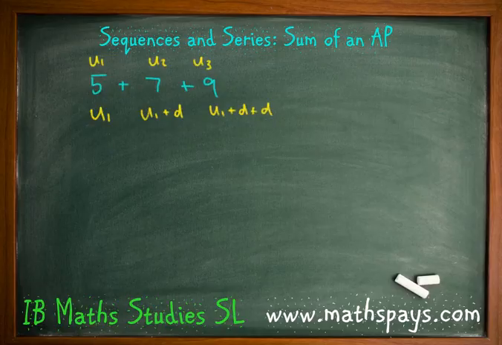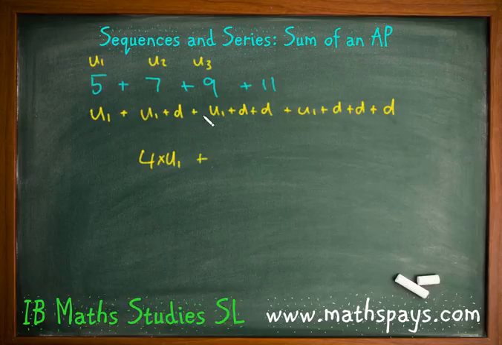I might throw another one on there, plus 11. We have our U1 plus our difference plus our difference plus our difference. Now that's theoretically what I've got.